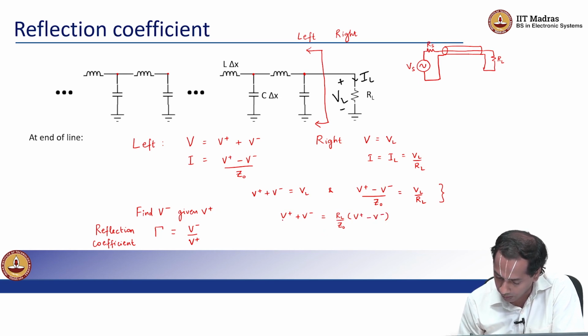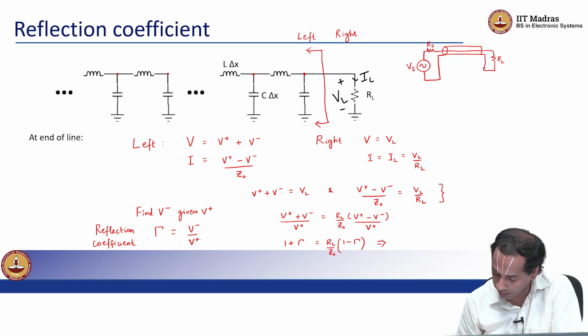Okay, if I were to divide by V plus on both sides, this essentially gives me 1 plus gamma is equal to RL by Z naught times 1 minus gamma.